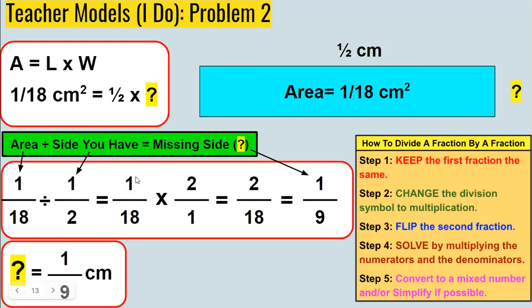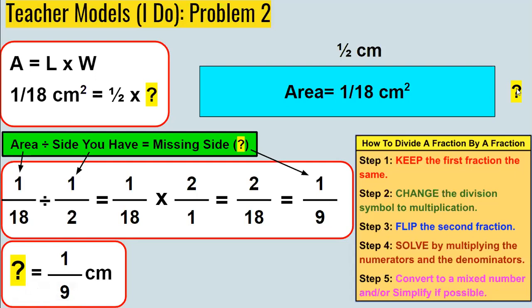This is equal to 1/18 times 2/1, because when we divide, remember we flip the fraction and we multiply instead of dividing. 1 times 2 is 2. 18 times 1 is 18. If you simplify that, you will get 1/9.